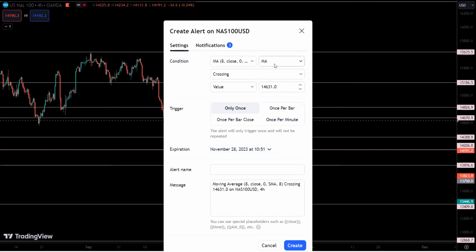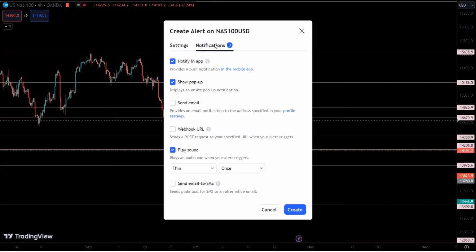That is one of the beautiful things with TradingView: it allows a lot more customization that just isn't available in MetaTrader for your alerts, positioning, notations, and more details added to the charts.